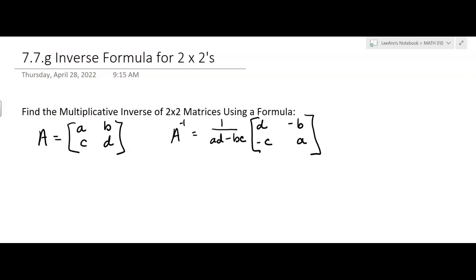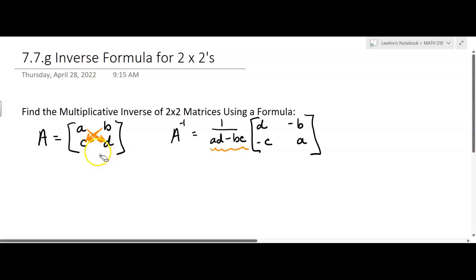When we find what's called the determinant, you multiply AD and subtract BC. So that's what this is down here. It's AD minus BC. You have to remember it's subtraction, okay? So that's that part.